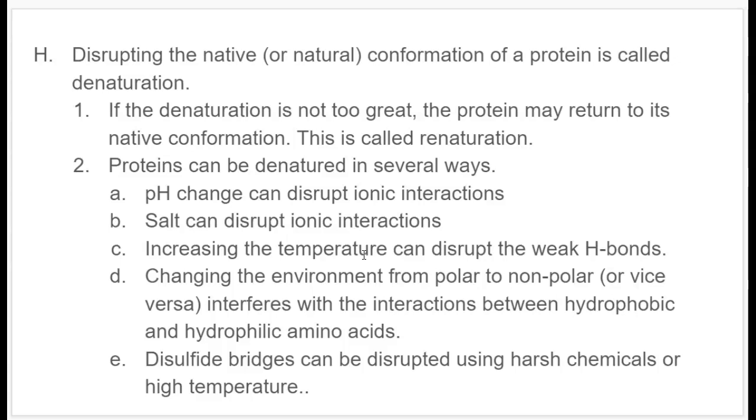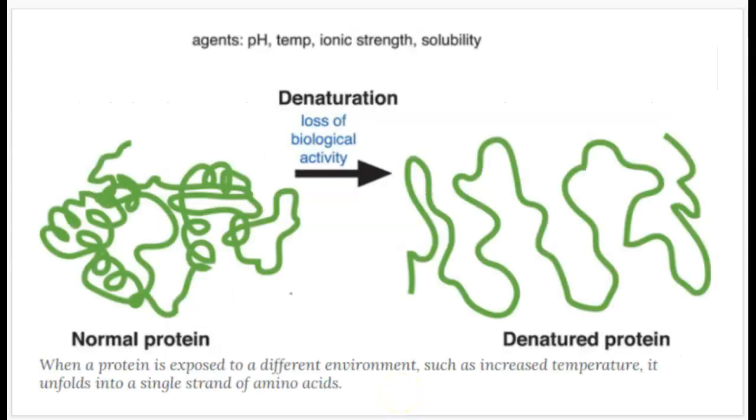So if the electron becomes too excited, the bonds will break. Also, if we change the environment from polar to nonpolar, or disulfide bridges can be disrupted by chemicals or temperature. So a normal protein is all tightly packed and coiled up, but denaturation means it starts to unravel and unfold.